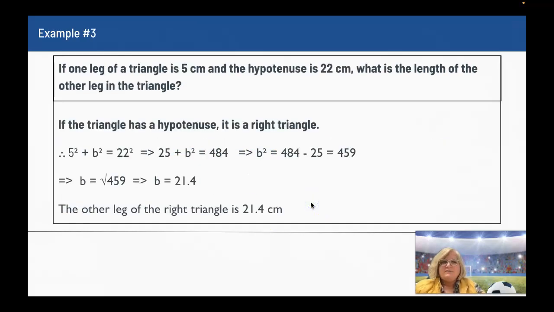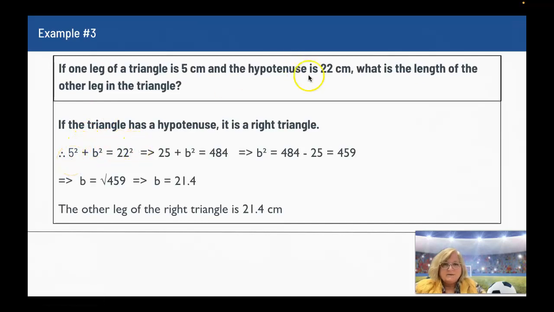If one leg of a triangle is 5 centimeters and the hypotenuse is 22 centimeters, what is the length of the other leg in the triangle? Well, if the triangle has a hypotenuse, it has to be a right triangle because hypotenuses only exist in right triangles. So one leg is 5 centimeters, so I have 5 squared.